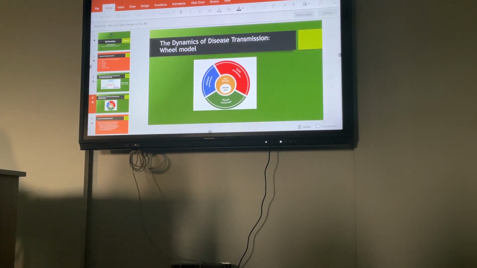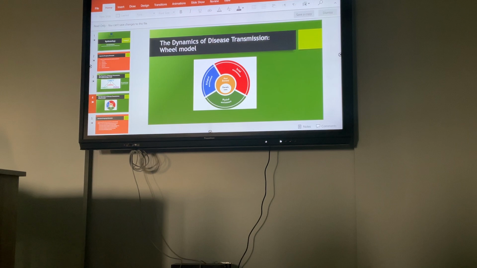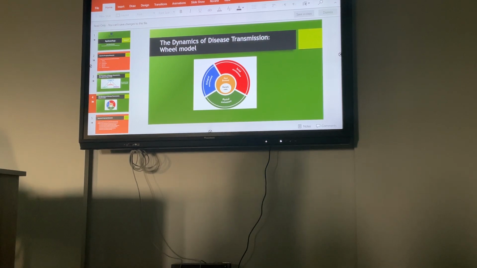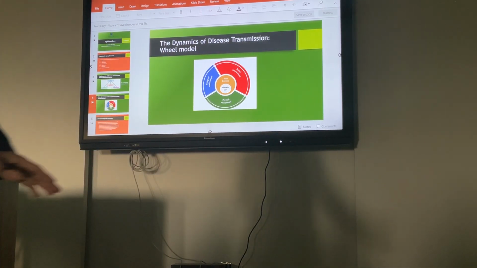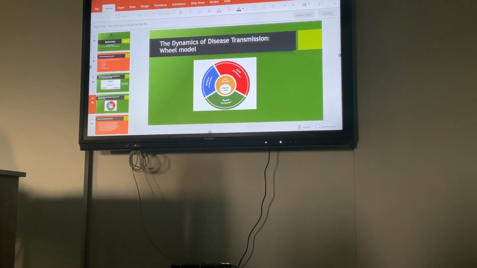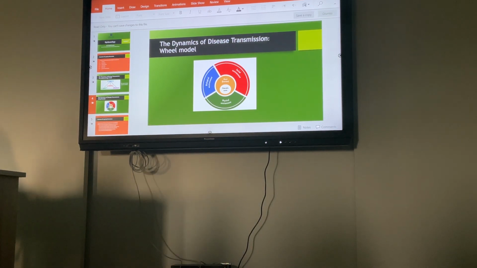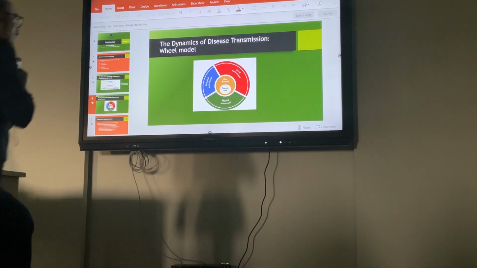Microbes, viruses, parasites, fungi, any living organism is classified as biological environment. So for infectious diseases, the biological environment is more important than the other two components. The second component is the physical and chemical environment.